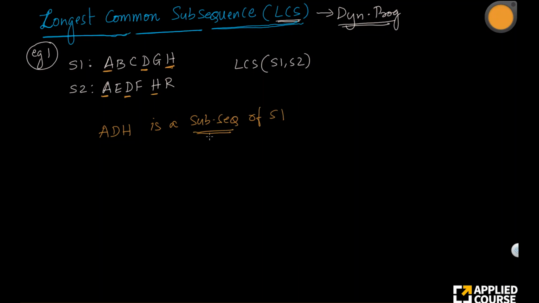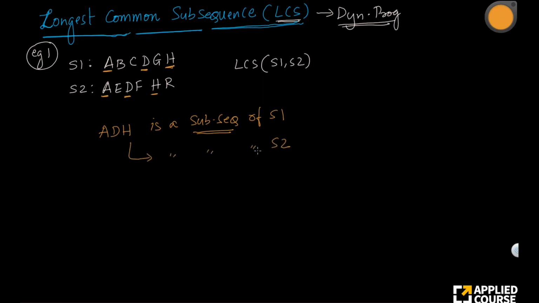Substring is different from a subsequence. Substring basically means ABC is a substring of ABCDGH. All of these characters need to be continuous or contiguous for it to be a substring. Here we are calling it a subsequence. ADH is a subsequence of S1.